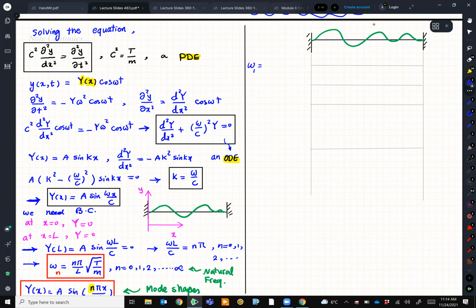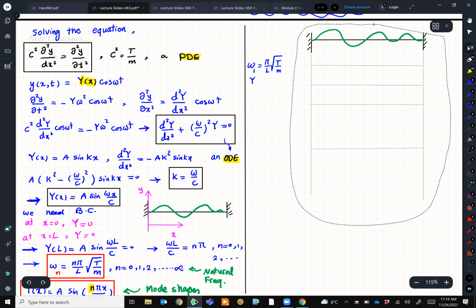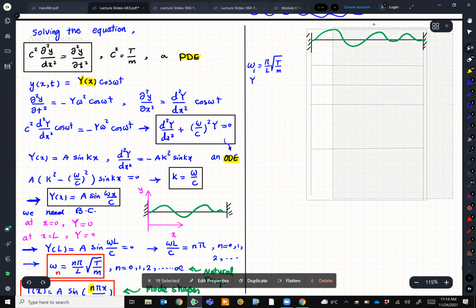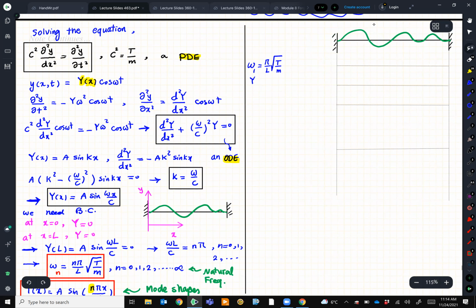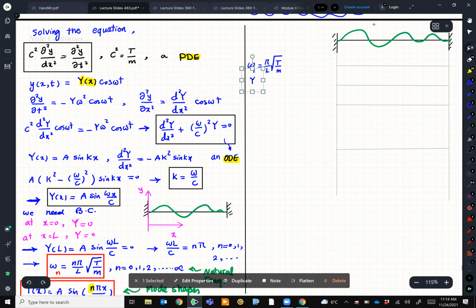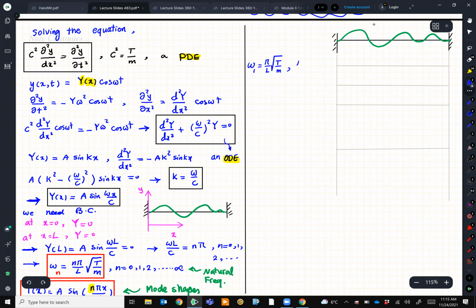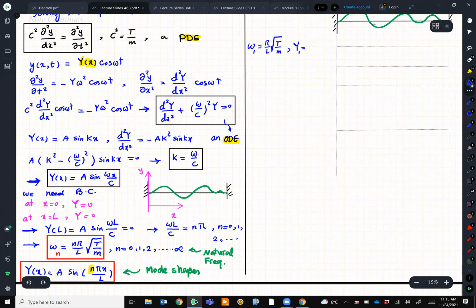We're putting n equal to 1 because n equal to 0 doesn't give us anything but 0. Omega 1 is pi over L square root of T over m, and y1, just look at the equations.